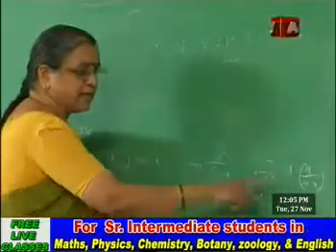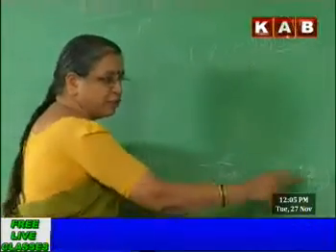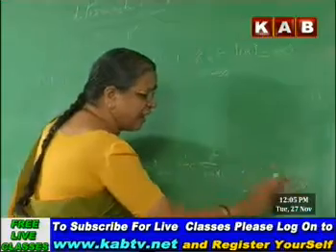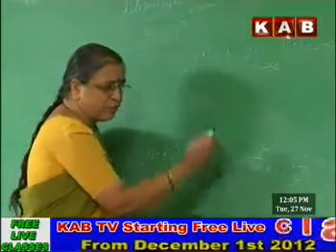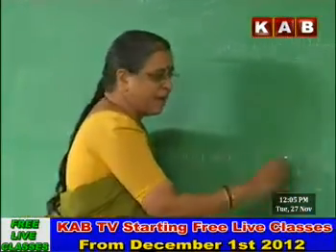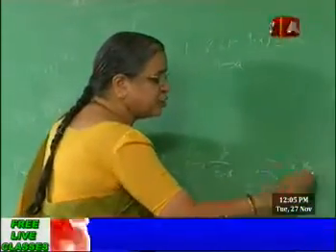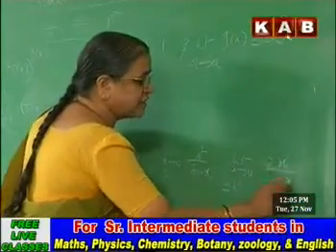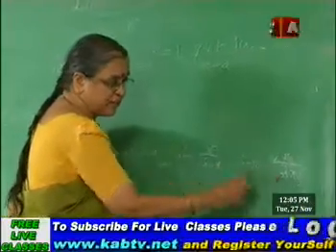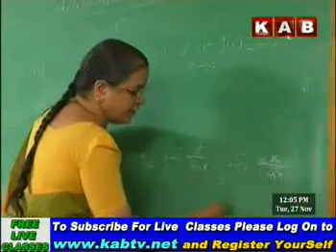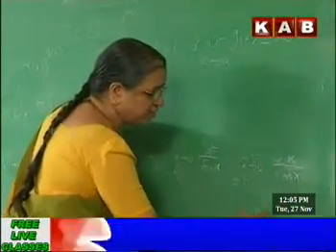Both are finite, so that is tending to 0. Or again, I can say x square, this is tending to 0, this is tending to 0, 0 by 0 form. So I can apply L'Hospital rule, differentiation of this is 2x, differentiation of sin x is cos x, as x tends to 0, this is 1. Therefore 0 by 1, 0 only, that is e power 0, that is 1. Finally, limit of this is 1.